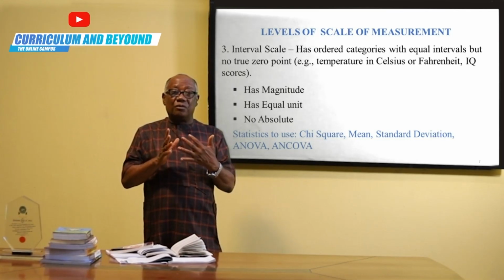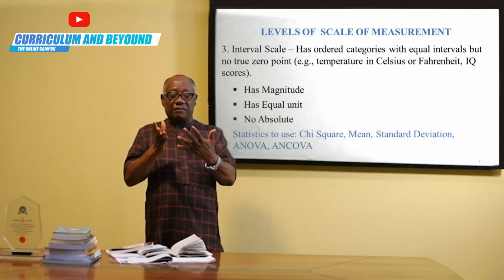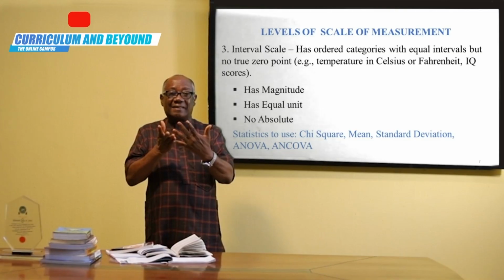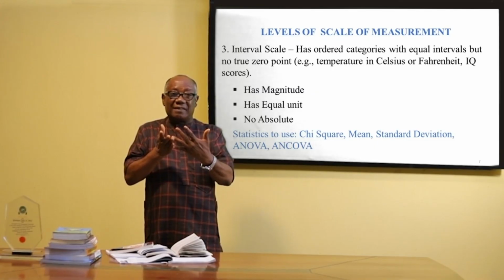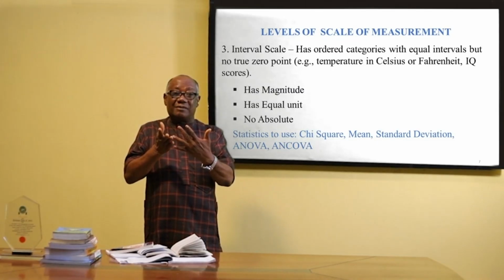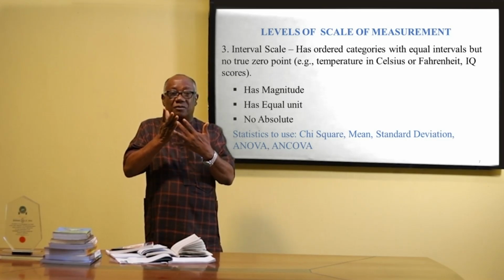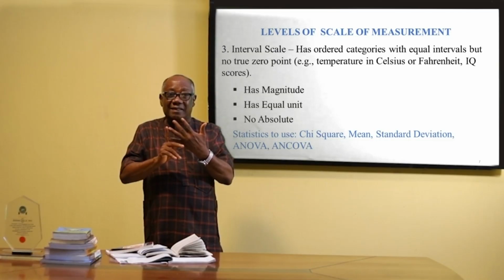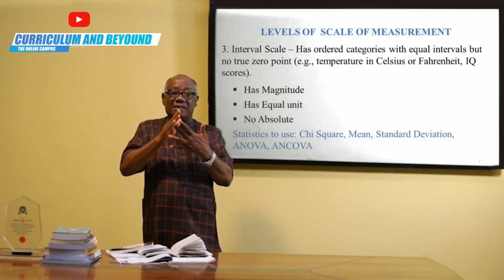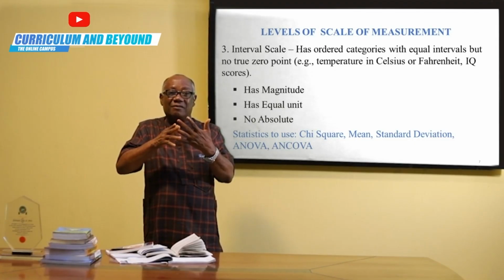It has also equal units because the person that has 30 can be said to be 2 times greater than the person that has 60, can be said to be once greater than the person with 30, and the person with 90 can be said to be 3 times better than the person with 60 and 30.